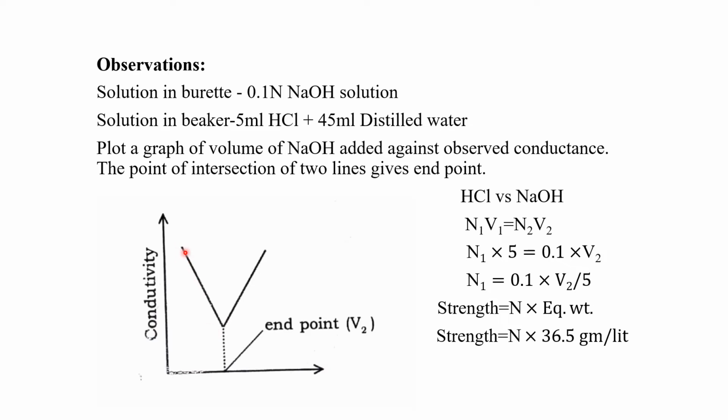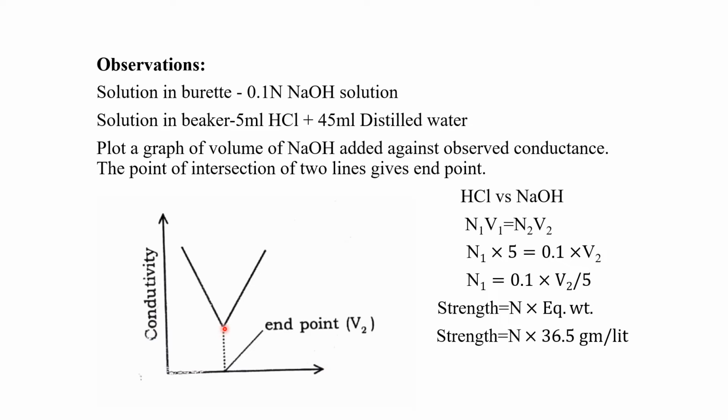Initially, it is found that the conductance value is very high due to the strong acid HCl. As the addition of NaOH takes place, the conductance value goes on decreasing due to the replacement of H plus ions by slow moving Na plus ions.